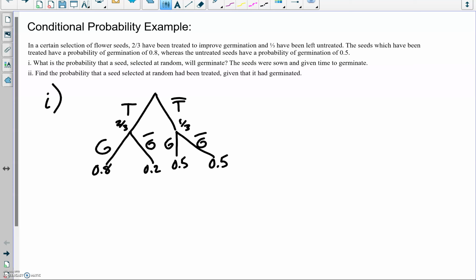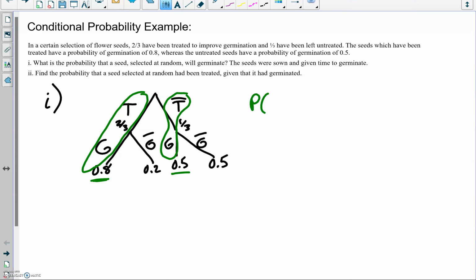We want to know the probability of germination, so I need to follow these branches down to the germination ends. We can either have the result from multiplying 2/3 times 0.8, or the other result, 1/3 times 0.5.